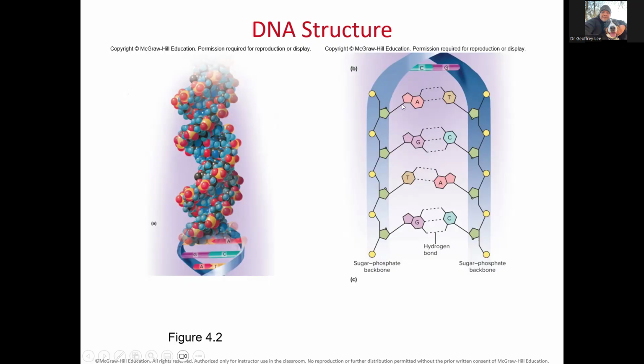Now, the bases face each other right here. For every adenine, you have a thymine. For every guanine, you have a cytosine. Why does this make sense? Well, we do not want adenine with guanine. If we have adenine and guanine, that means in certain areas you have one large base with two rings, and next to it another large base with two rings.